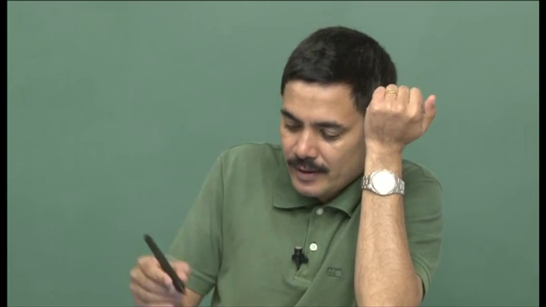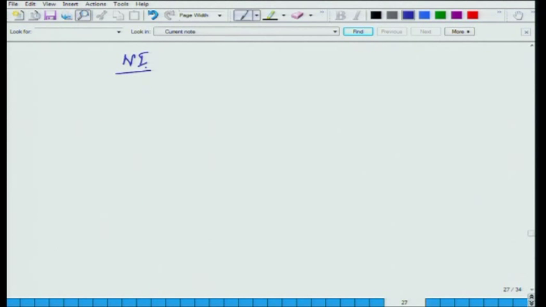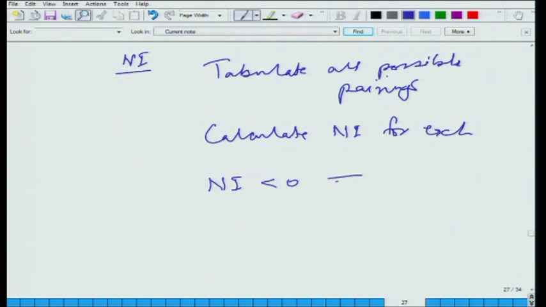What I am trying to say is, if you have a pairing question and you want to use the Niederlinski index to figure out which pairings give you very severe interaction, then what you do is tabulate all possible pairings and calculate the Niederlinski index for each. If NI is less than 0, these are bad pairings.